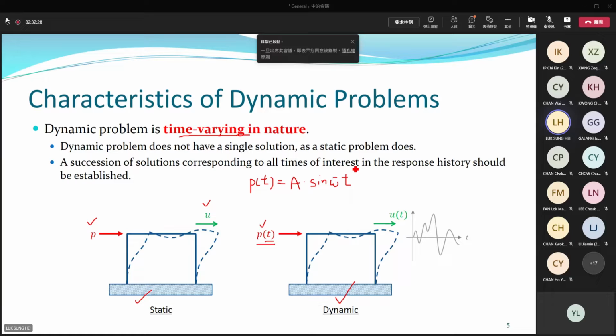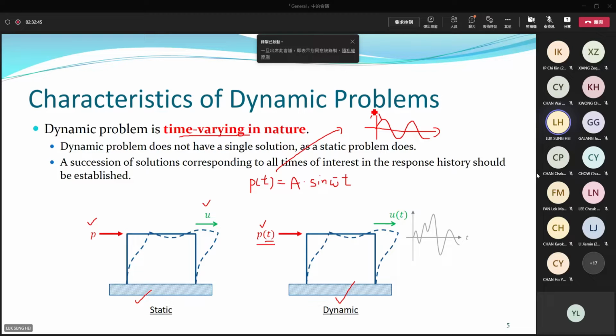A force can be a sinusoidal force. When you plot this graph, it becomes something like this, a sine curve. A force can oscillate using a sine function.